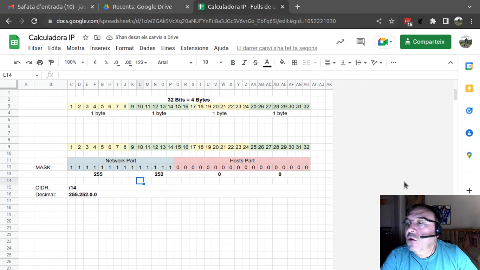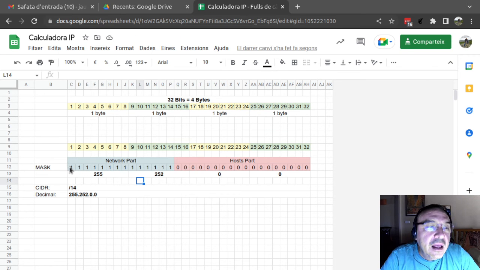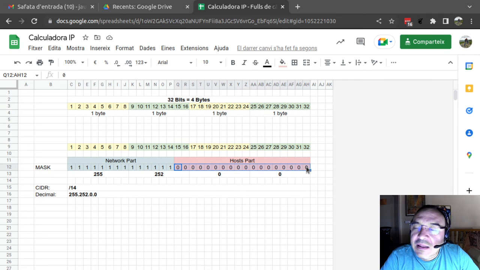Any mask has to have ones at the left and zeros at the right. You can't mix ones and zeros in the network mask. You will have as many ones as bits you have in the network part and as many zeros as you will have in the host part. The sum of the total would be just 32 bits, like an IP address. And then you could express that mask in 2 different formats.